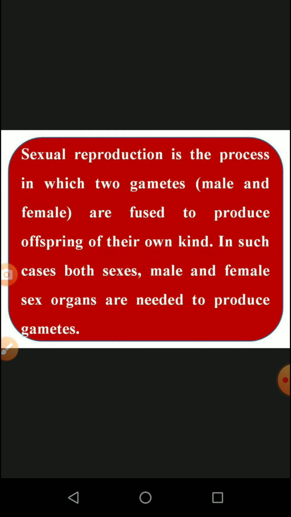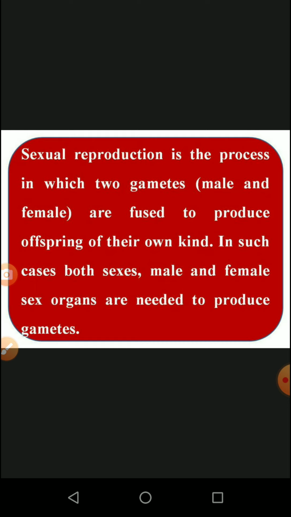The pistil consists of three parts: ovary, style, and stigma. They fuse to produce offspring of their own kind. That means the fusion of male and female gametes, the haploid cells, fuse together and are converted into a diploid cell, 2n, which is the offspring produced of their own kind.